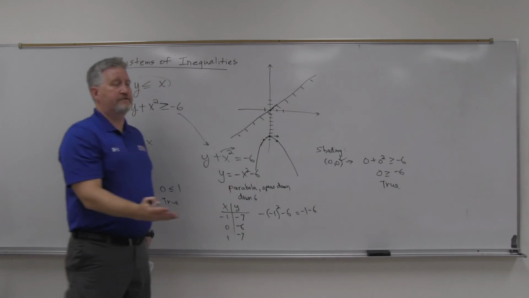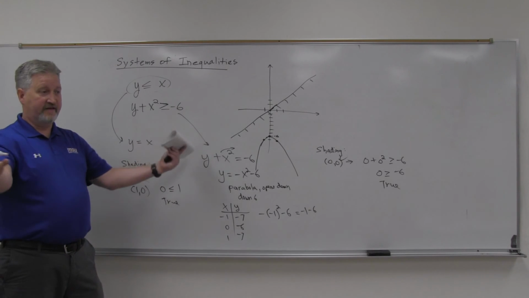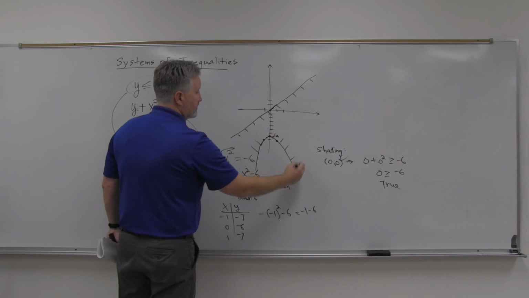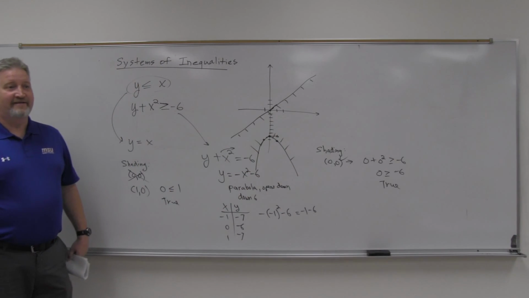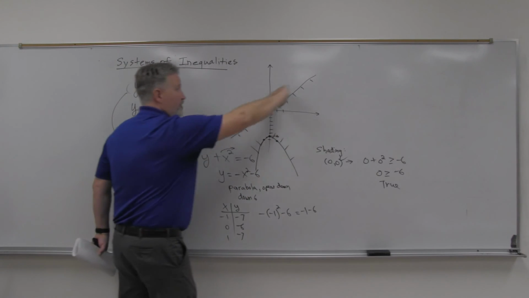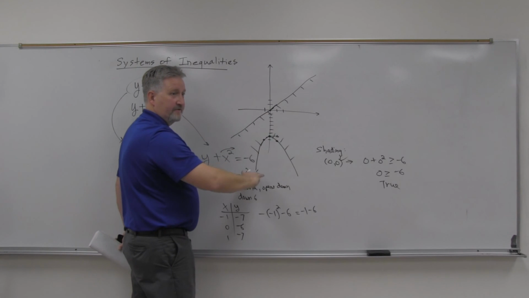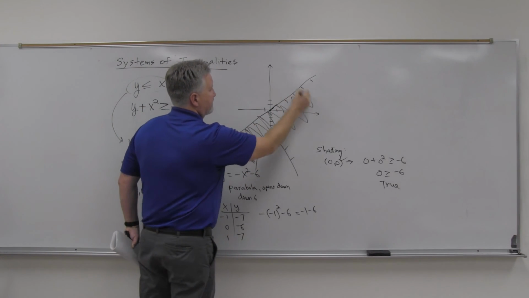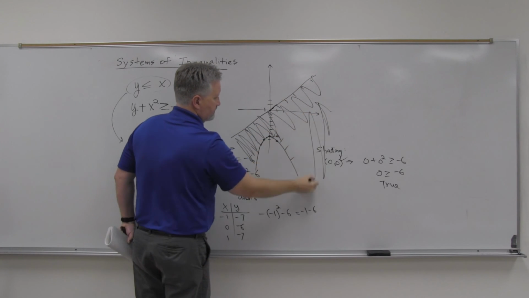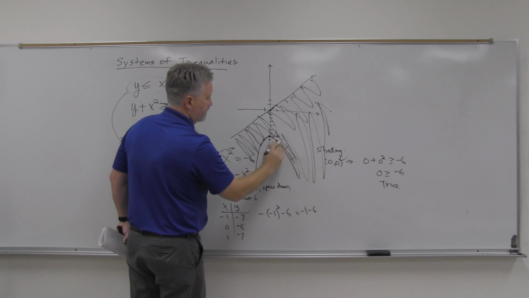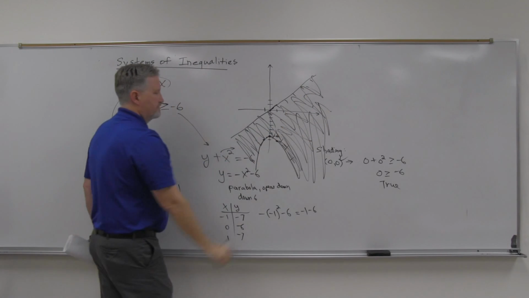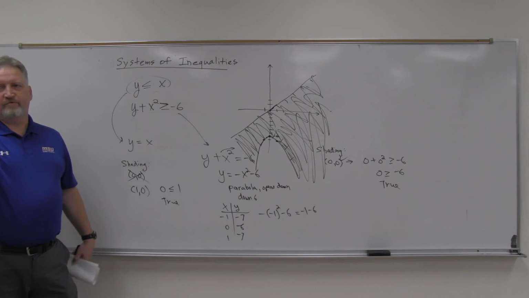So I'd shade the side with 0, 0, and so that's, again, outside the parabola. So what would I shade? Above it. Yeah, below the line, but above the parabola, right? So it's everything in this range here. Don't go inside that parabola, because it's below the line, but it's not above the parabola.